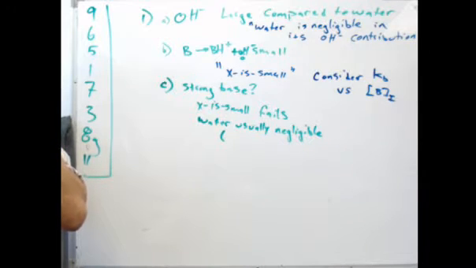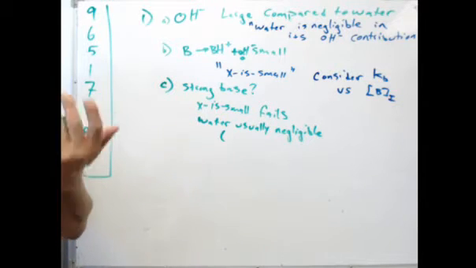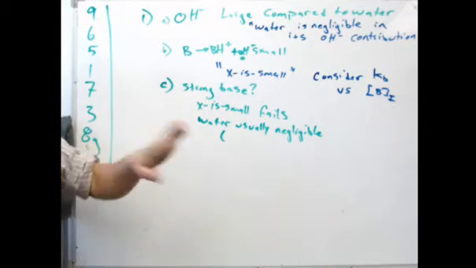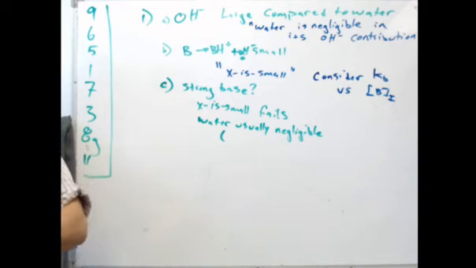If I had 0.1 molar sodium hydroxide, how much hydroxide would be put into solution? 0.1 moles per liter. What about if it was 0.01? 0.01 moles per liter.